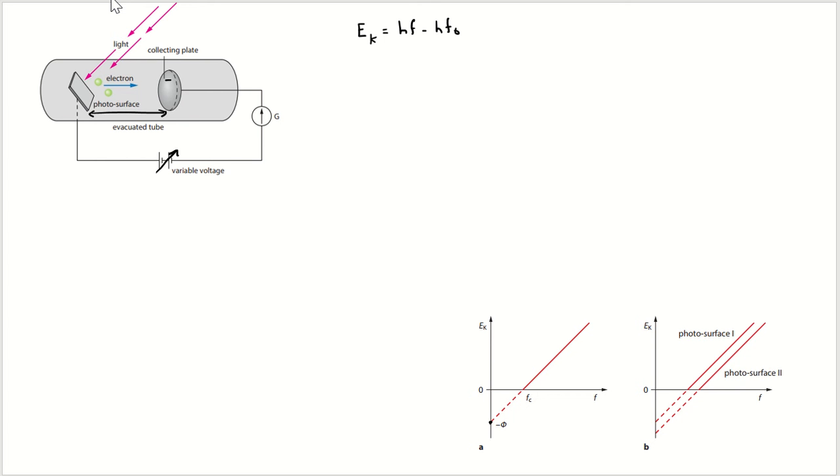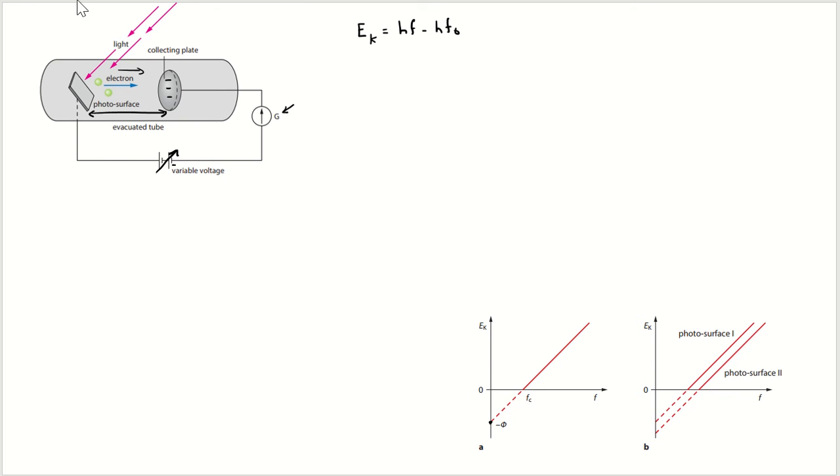Since this plate is a negatively charged plate because it's connected to the negative terminal of a cell, this means that as the electron gets closer to this plate, it's losing kinetic energy and gaining electrical potential energy. If the electrical potential energy gained by the electron is equal to the kinetic energy of the electron, then this means that the electron will not reach this collecting plate, which means that this galvanometer is going to read 0.